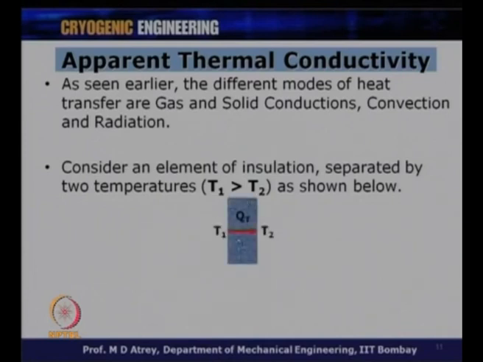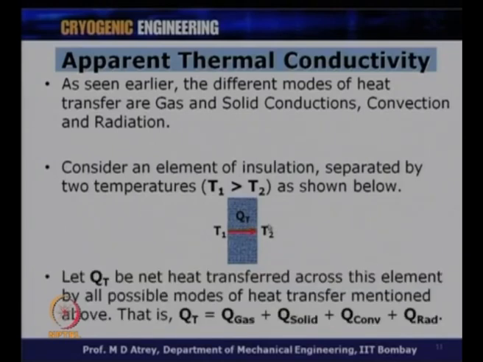So, here we can see one surface is at T1, the other surface at T2, and Q1 is the heat that is being transferred from this surface to the other surface. So, let Qt, not Q1, this is Qt, let Qt be the net heat transferred across the element by all possible modes of heat transfer mentioned above.